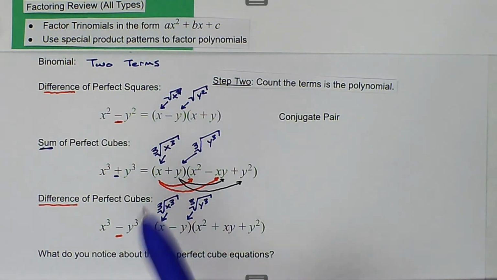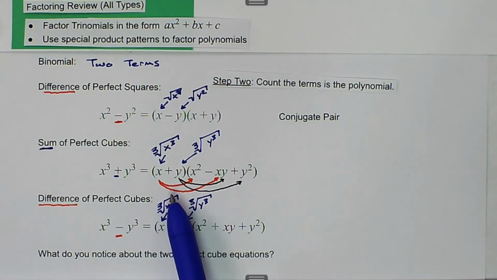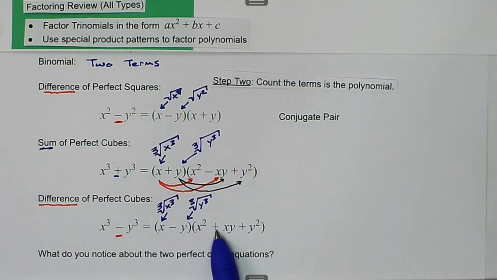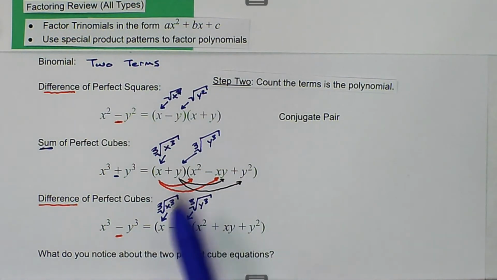The pattern here might be a little bit different, so we want to see addition, minus, addition. How do we remember what signs are which here? The thing that you should notice is that there are two addition signs.